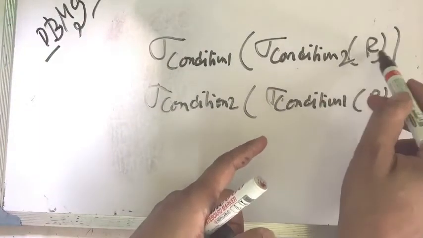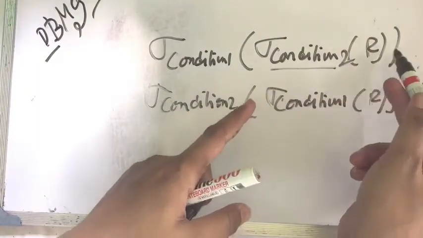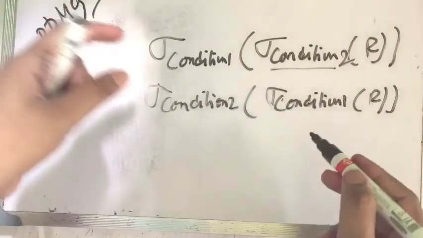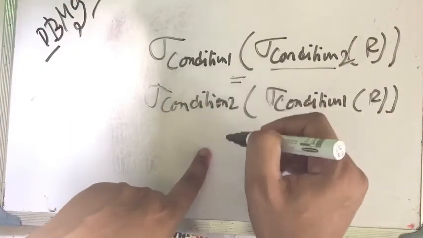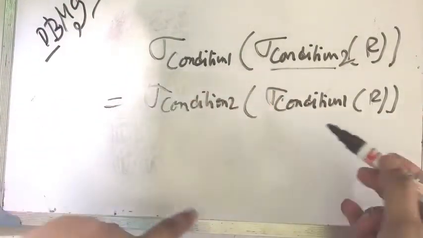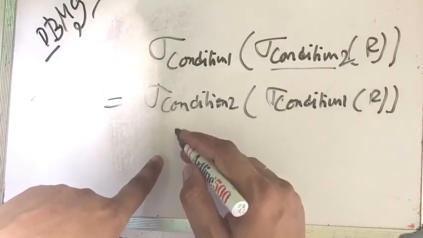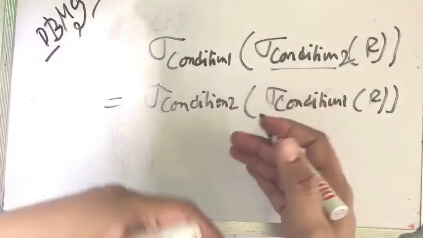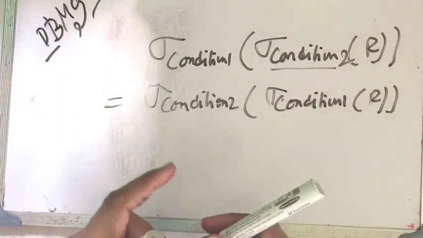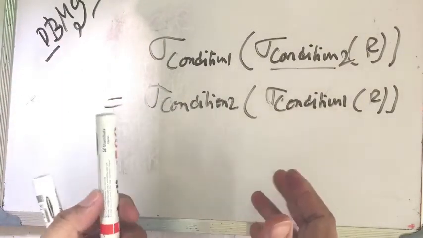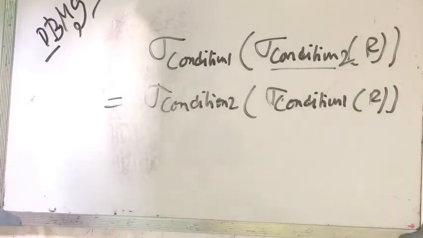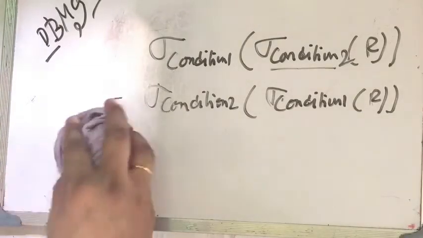Both results are the same, so they are equivalent. You can exchange one condition operator for another, so it supports the commutative property.